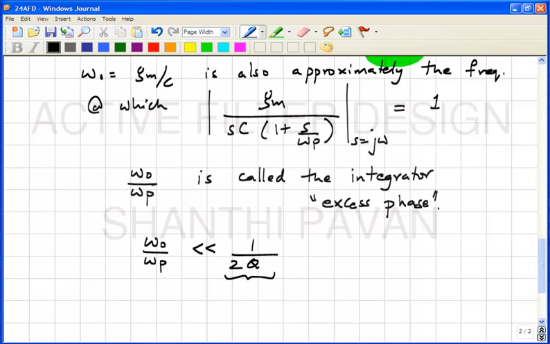You understand? When you read filter papers, you will often find people talking about excess phase. The reason for this is the following. As we have seen, the building blocks of all these filters are basically integrators, correct? In our course so far, we have seen only transconductor capacitor integrators, but other types of integrators exist.